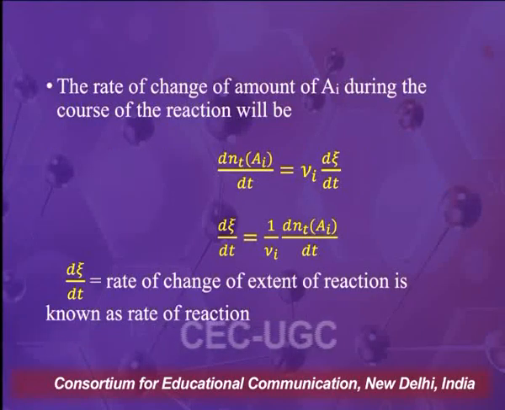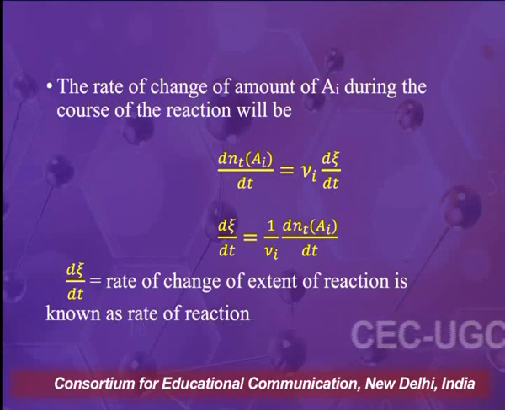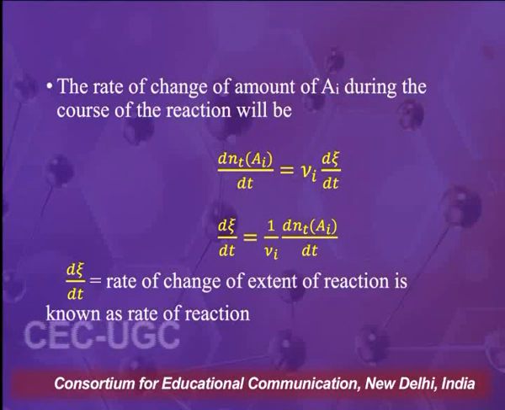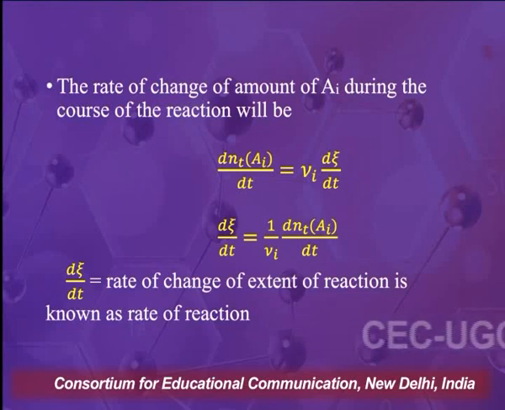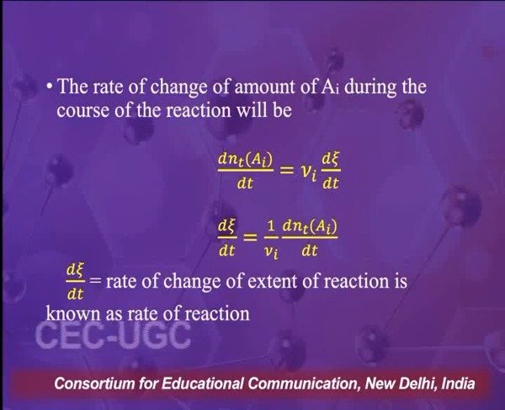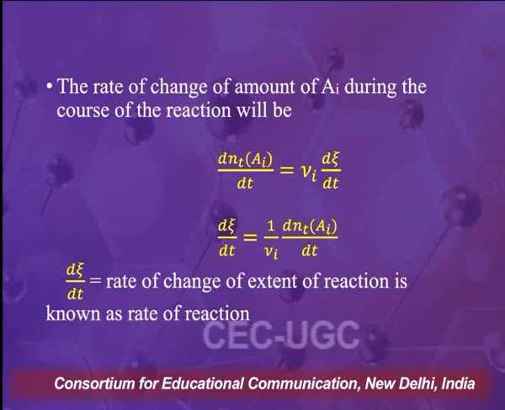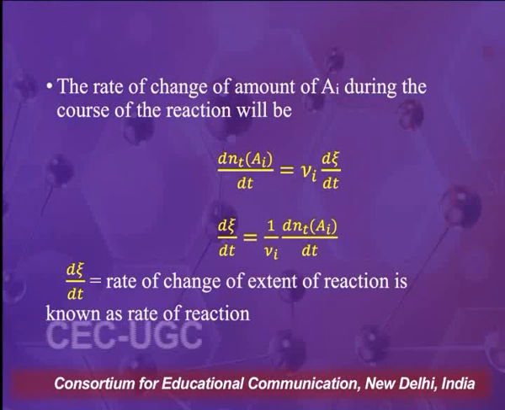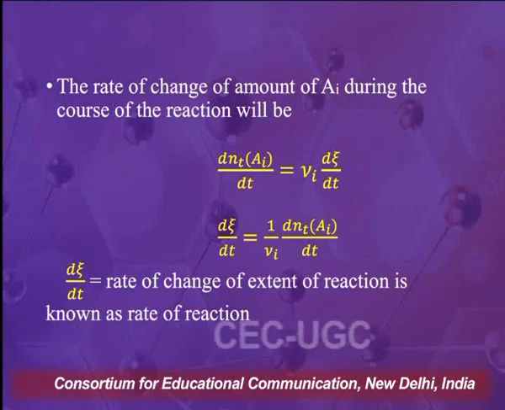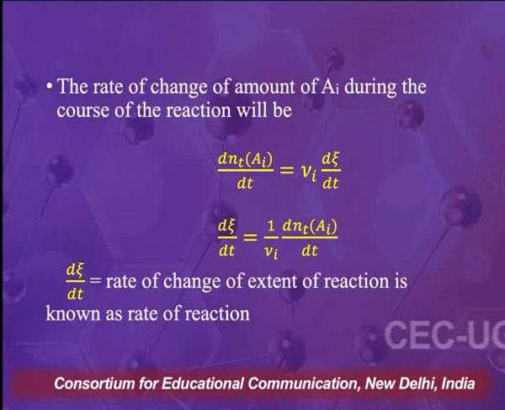The rate of change of the amount of A i during the course of the reaction can be determined by differentiating the above equation. dn at time t of A i by dt is equal to nu i d xi by dt. So, d xi by dt is equal to 1 by nu i dn of A i by dt. d xi by dt is the rate of change of extent of reaction and is known as the rate of a reaction.